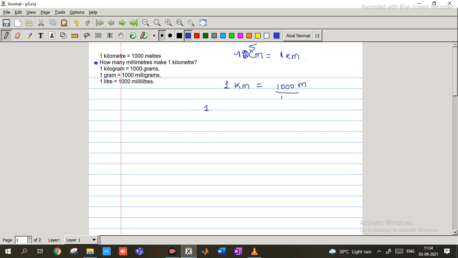Okay, let's make it easier. I will take this 1000 here. As I want to make it millimeters, can I write it this way? We know 1 millimeter is 1 by 1000, isn't it? So if I am dividing some number by 1000, I'll have to multiply it also, right?